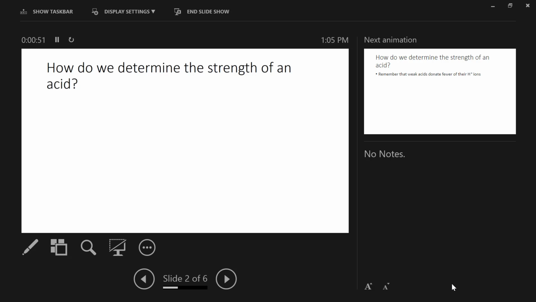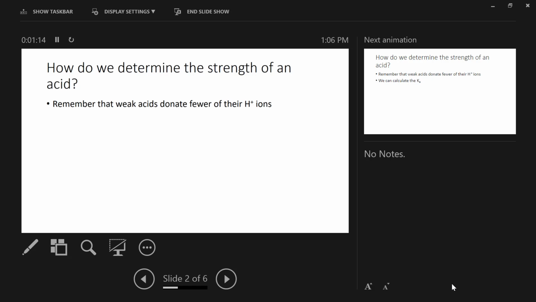And it's one thing to describe materials that way. That's called a qualitative description. But we want numbers, right? This is chemistry. This is a hard science. We want numbers. Okay? And so you'll remember that weak acids donate fewer of their hydrogen ions than strong acids do.